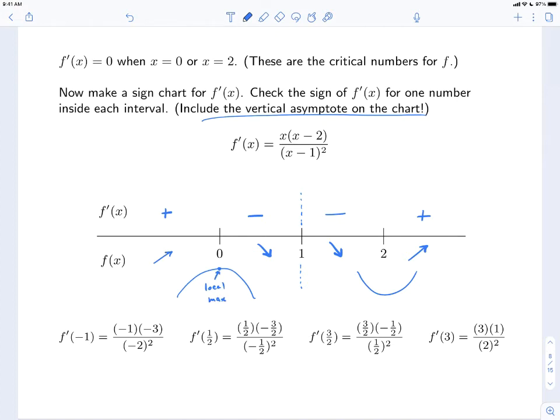And then at 2, it's decreasing and then changes to increasing, so we're going to have a local minimum there. So let's just write this down. We have a local max at x equals 0, and we have a local min at x equals 2.